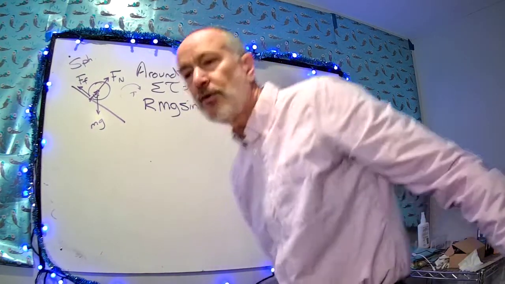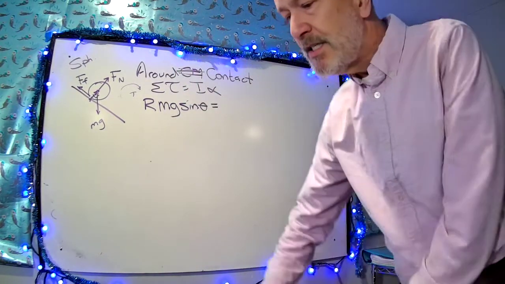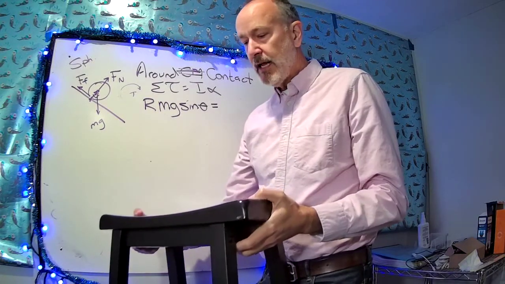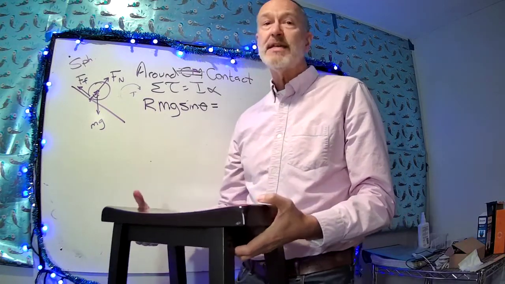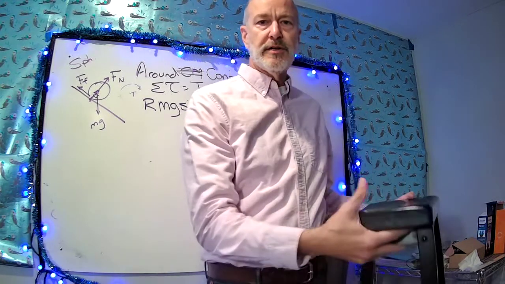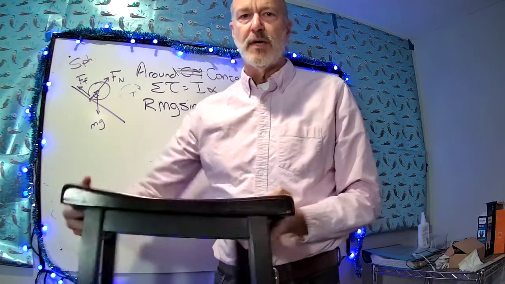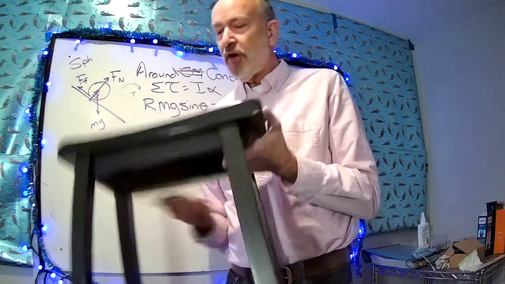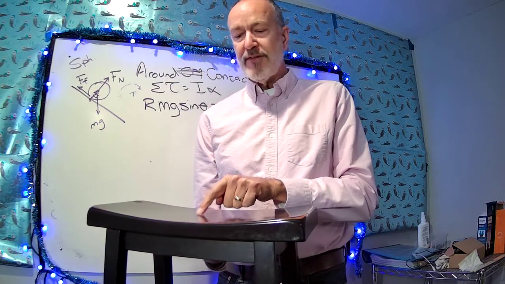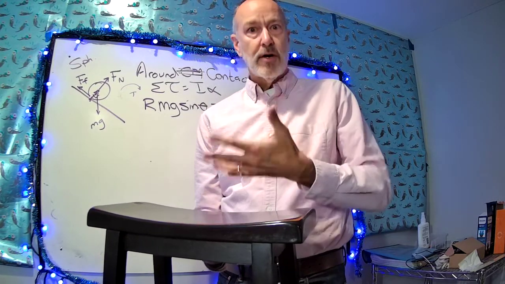Let me show you with a stool. It's easier for me to rotate the stool like this around its center of mass than it is to rotate it around the axis that runs through me. Much harder to turn it this way than to turn it this way.